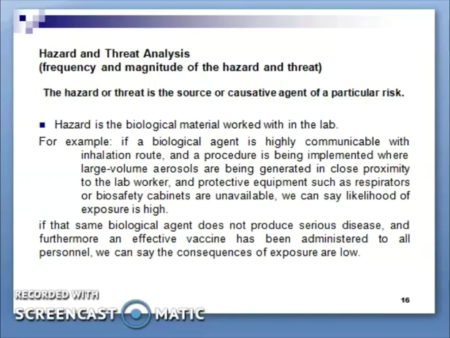If a biological agent is highly communicable by the inhalation route and a procedure is being implemented where large volume aerosols are being generated in close proximity to the lab worker, and protective equipment such as respirators or biosafety cabinets are unavailable, we can say the likelihood of exposure is high. If that same biological agent does not produce serious disease, and furthermore an effective vaccine has been administered to all personnel, we can say the consequences of exposure are low.